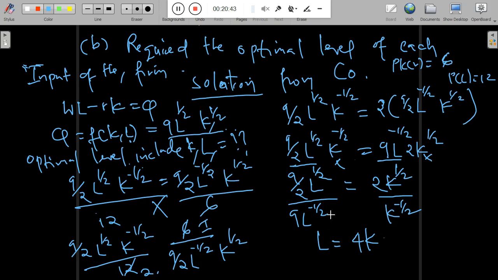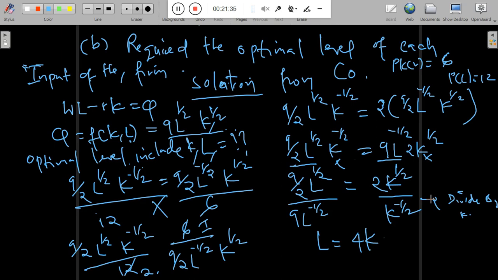How have we obtained L equal to 4K? Let me write over here, so as you can see exactly what L over 4K is. We take out the two functions, that is 9/2, then we divide.